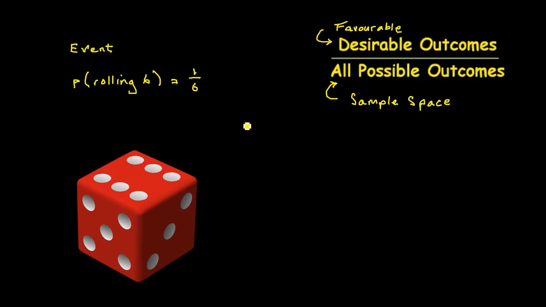There's quite a lot of terminology when you're starting out in probability, and it's very important that you understand these things accurately. So the probability of the event of rolling a 6.